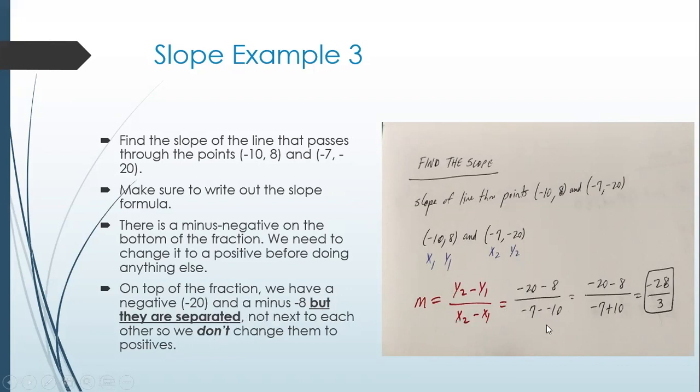We only change them to positives when they are right next to each other in each other's space. So this minus and that negative are right next to each other in each other's space, therefore they become positives. This minus and that negative are separated by a 20. This negative is chilling out on its own over here by the 7, not bothering anybody.